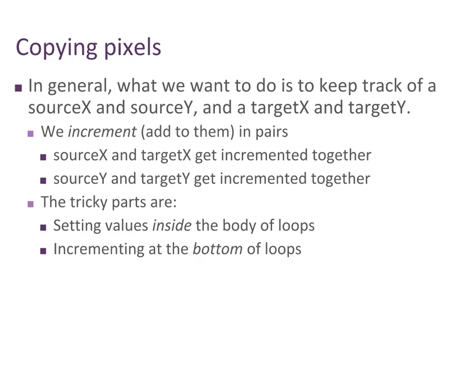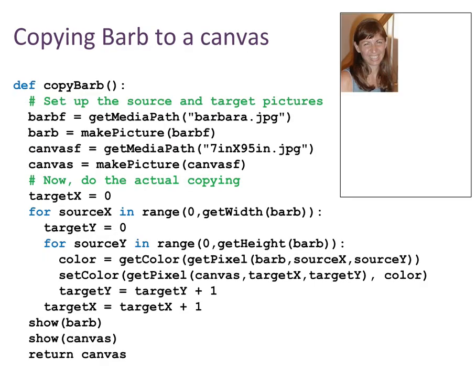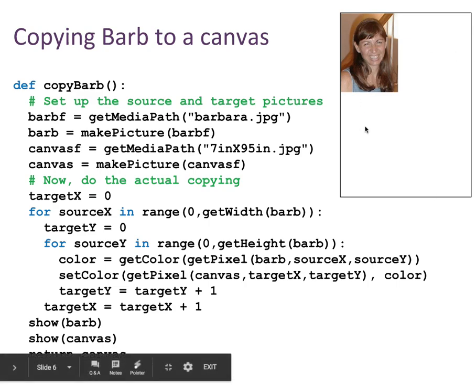Then we're going to keep separate variables, targetX and targetY, to keep track of where we're copying to, and we have to increment those separately, not as part of the loop.